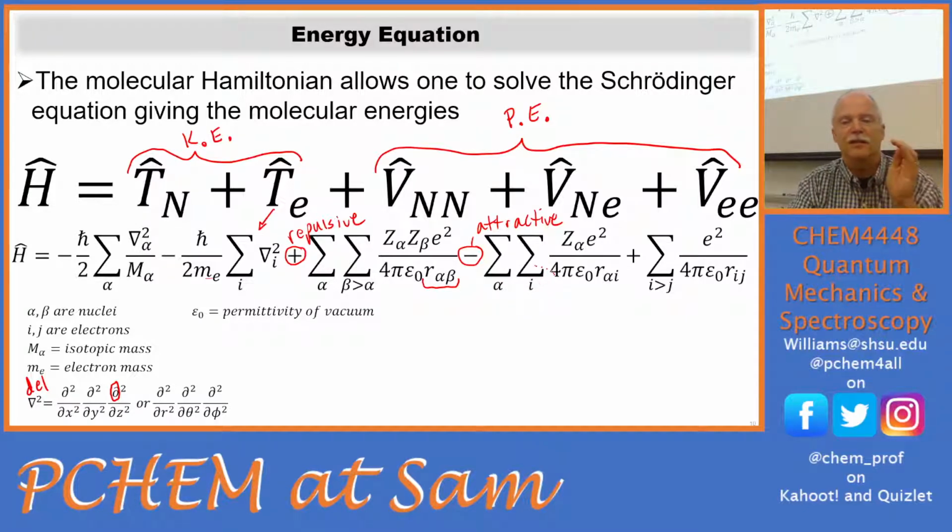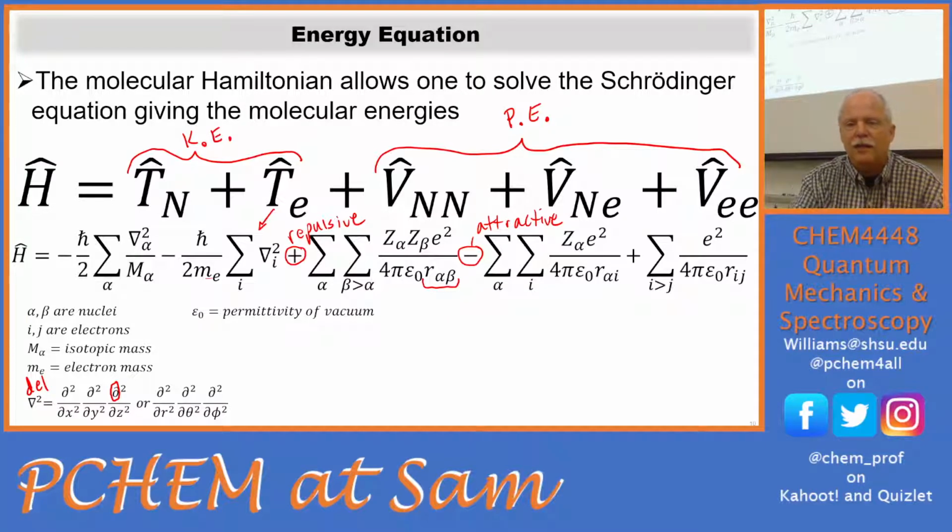We start with nucleus 1 and go through every electron. How is every electron attracted to this nucleus? Then we go to the next nucleus. How is every electron attracted to that one? Again, very tedious, as you might imagine. It also gets pretty involved when you start adding transition metals. You have so many more electrons.